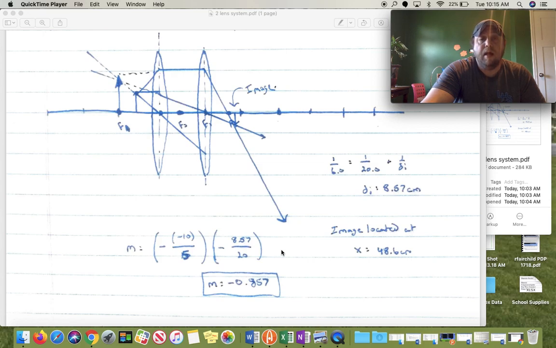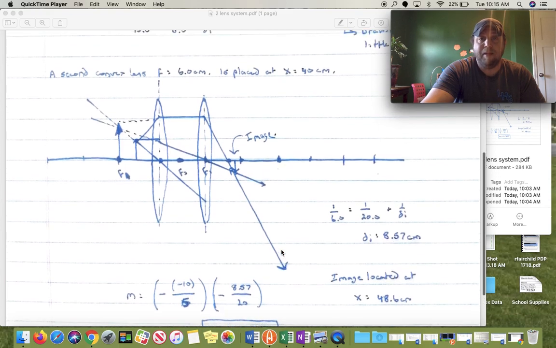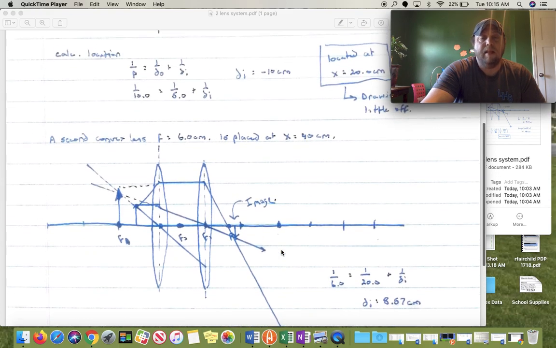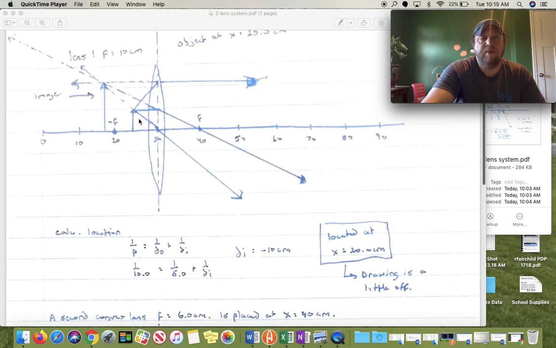Just a food for thought here, because you might run into a problem like this. Let's say we have an original diagram and I place this object out here. Now we know that the image is going to be located somewhere over here from this first lens.